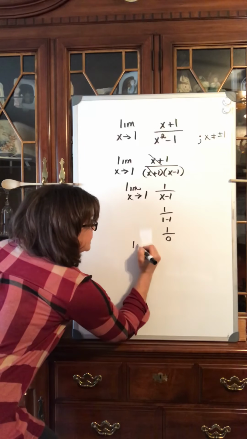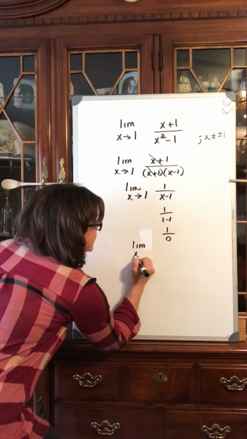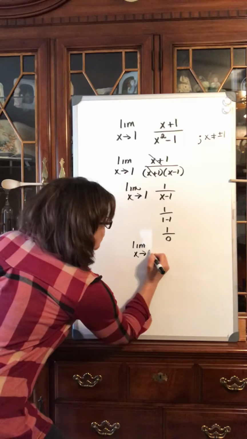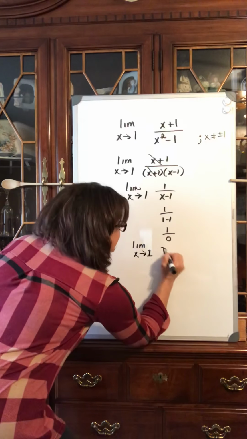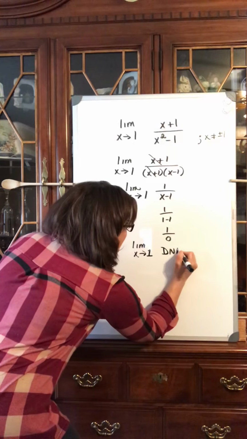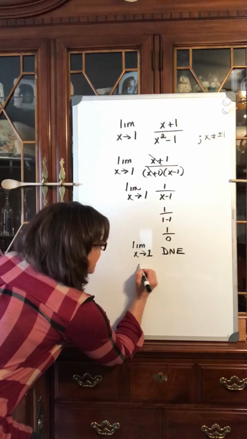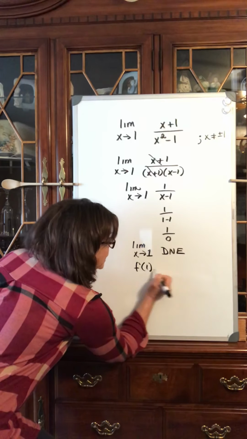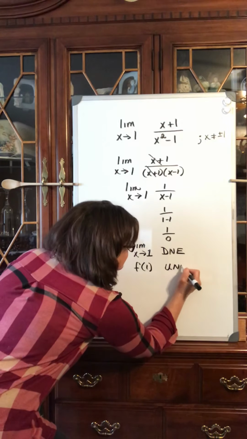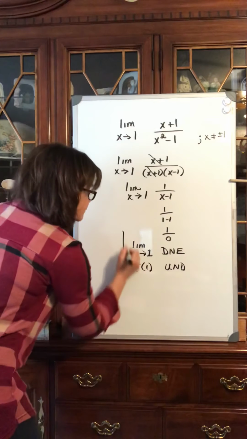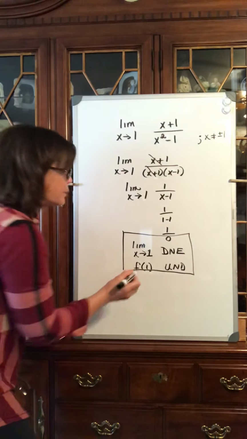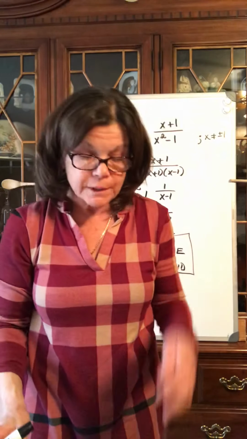You would say the limit as x approaches 1 is DNE, does not exist, but f of 1 is undefined. Using graphs is very, very helpful with limits.